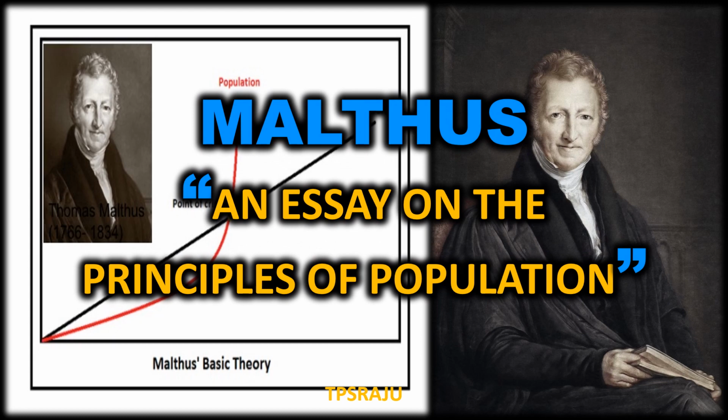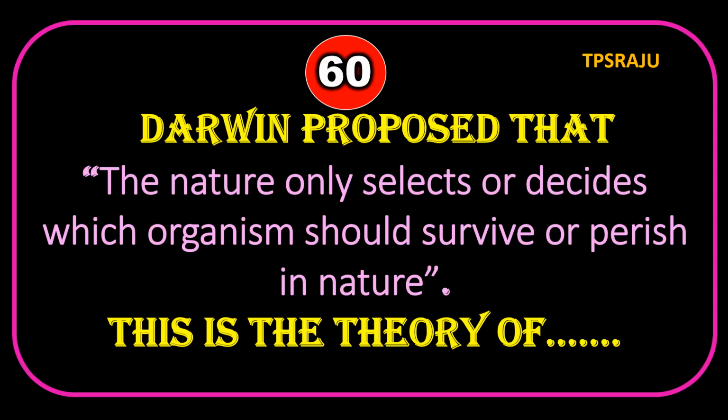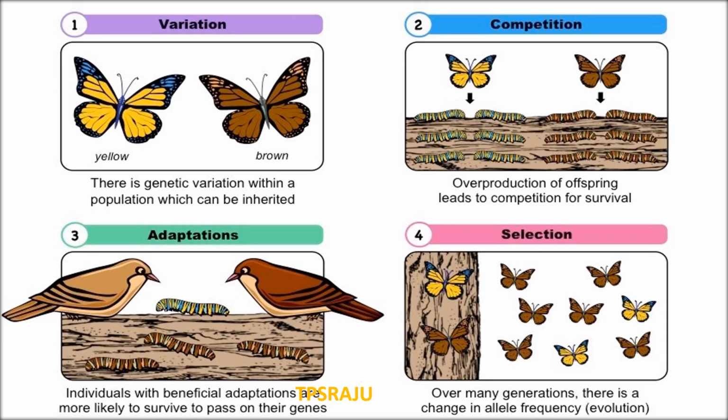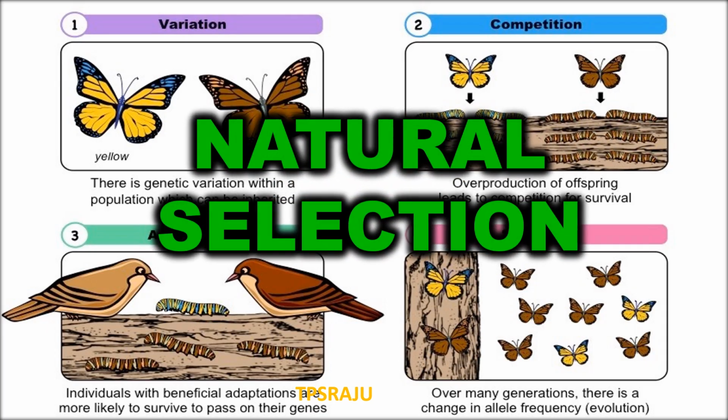Malthus, in An Essay on the Principle of Population. Darwin proposed that nature only selects or decides which organisms should survive or perish in nature. This is the theory of natural selection.